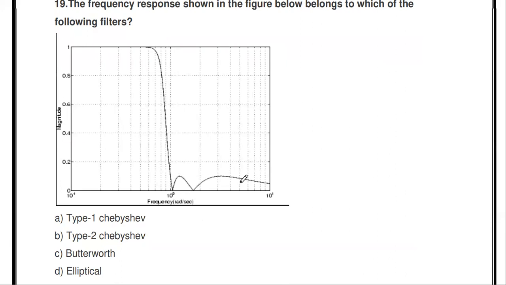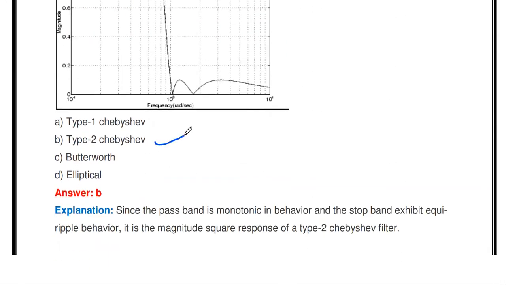In stopband we get ripple characteristics. In type 1, equiripple in passband, monotonic behavior in stopband. In type 2 only, the passband is monotonic and the stopband has equiripple. So this is the type 2 Chebyshev filter.